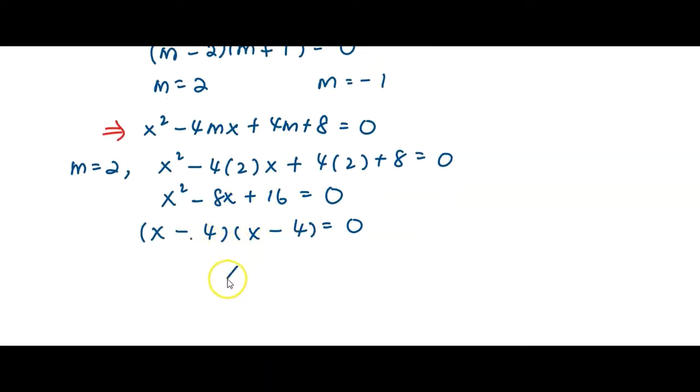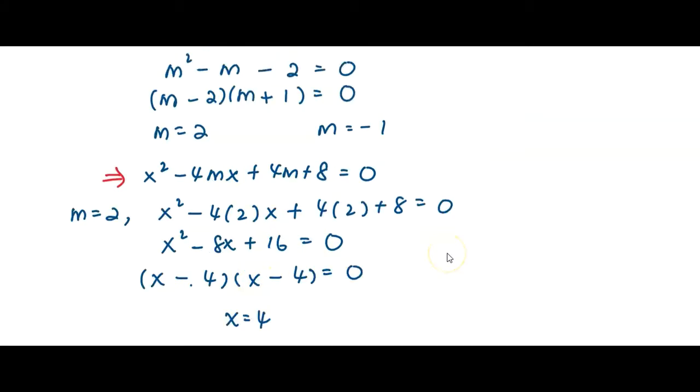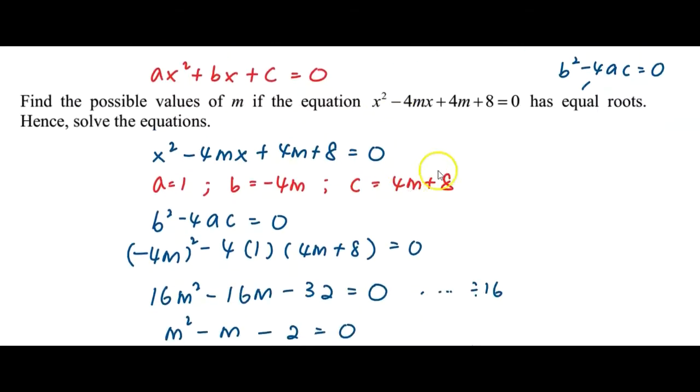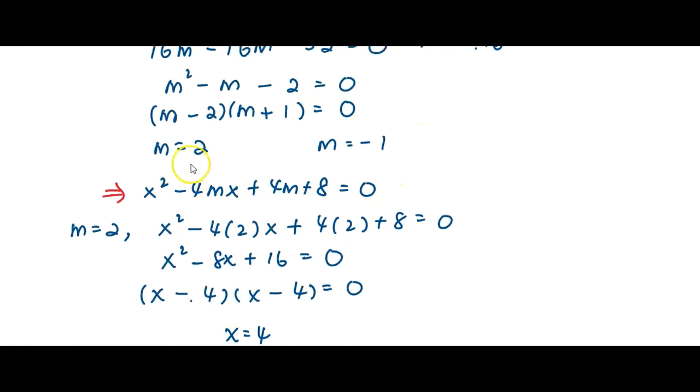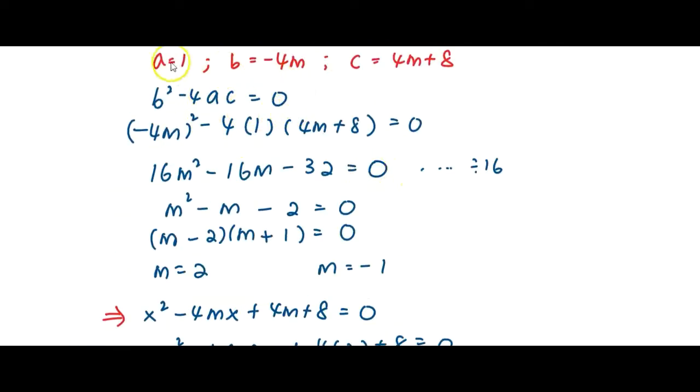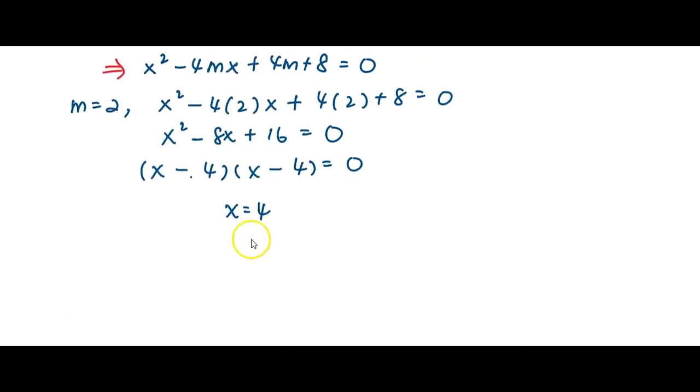So we have x equals 4. So this actually satisfies what we have interpreted from the question, that this equation has equal roots, because the m values we got from b squared minus 4ac equals 0. So we know that when m equals 2, substituting into this equation, we have only one real root or two equal roots. All right.